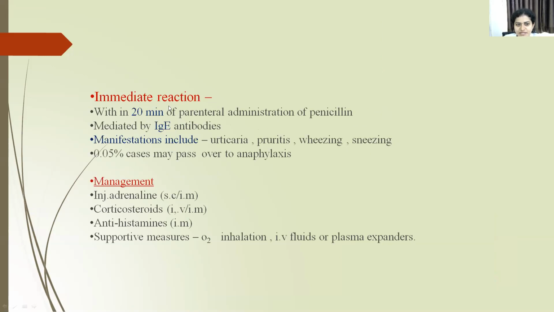Manifestations include urticaria, pruritus, wheezing and sneezing. If you don't treat this, 0.05% of cases may land with anaphylactic shock, which includes severe hypersensitivity reactions, that is hypotension, laryngoedema, difficulty in breathing and respiratory arrest.